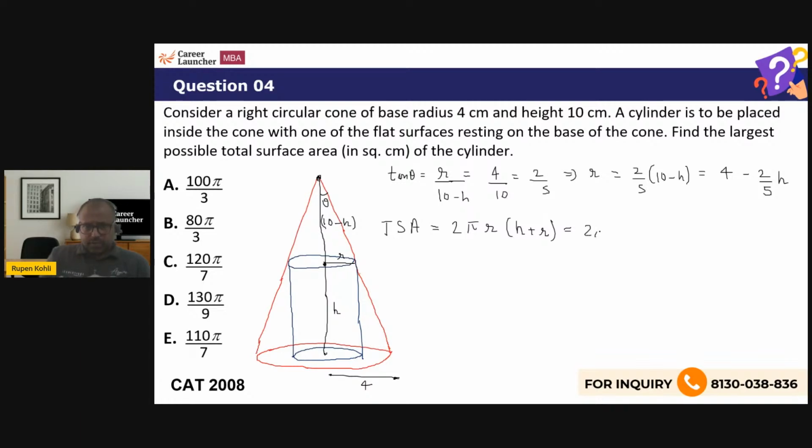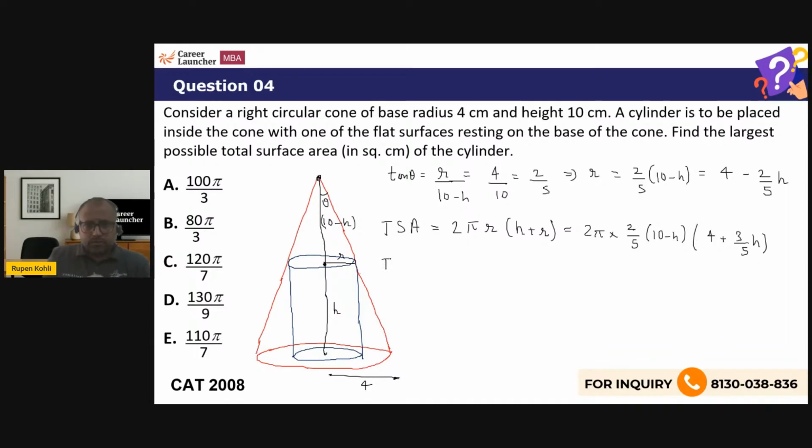So 2 pi into r, which is 2 by 5 into 10 minus h, into h plus r. So h plus 4 minus 2 by 5 h, which will be 4 plus 3 by 5 h, because minus 2 by 5 plus 1 h is plus 3 by 5 h. So this is what you have to maximize.